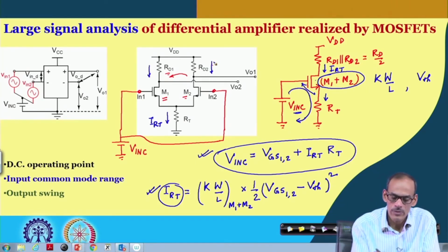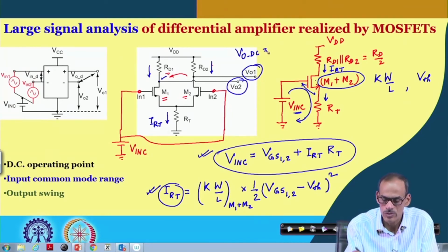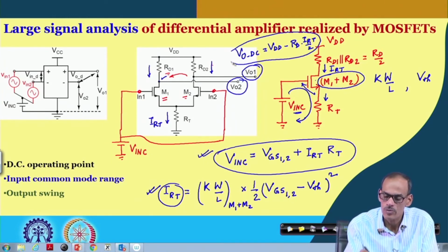From that you can find the corresponding drop, and that gives us the common DC voltage, VO DC equals VDD minus RD multiplied by IRT by 2, right. So, that is how we can get the output DC voltage.